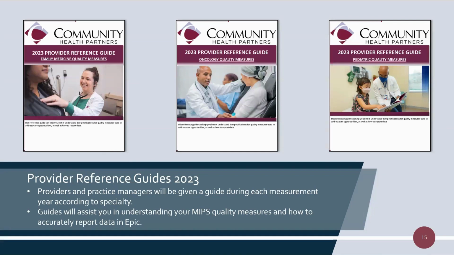Each year, providers and practice managers will be given their own provider reference guide specific to their specialty. These guides are updated annually with the most up-to-date MIPS quality metrics information. The guides will assist CHP practices in understanding MIPS quality measures and how to accurately report data into EPIC.